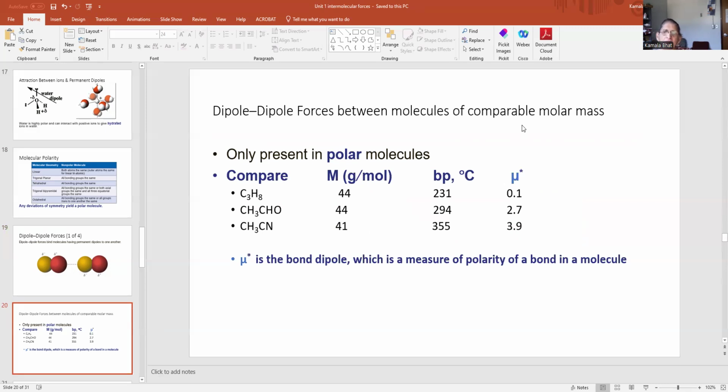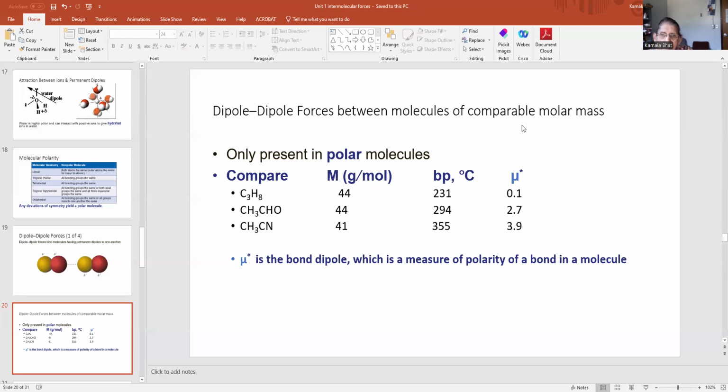When we compare molecules of comparable molar mass, this dipole interaction is present only in polar molecules. And when we compare them, C3H8, that is propane, has a molecular weight of 44, and its boiling point is 231 K. Its dipole moment is 0.1.